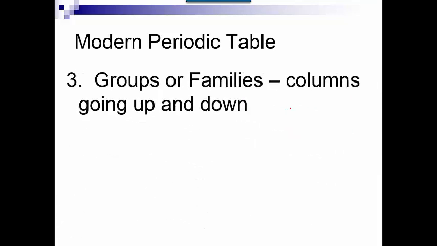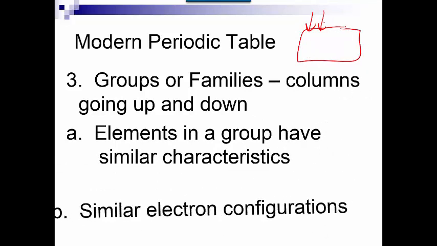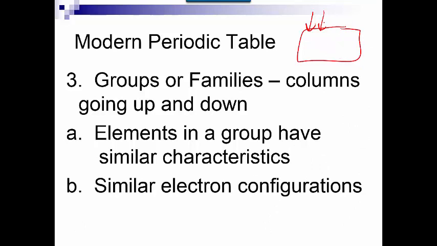The other part to our periodic table are the families or the groups, and again, if you're looking at a periodic table now, we're talking about the columns that are going up and down. So they're called groups or families, and they get that name because if they're within the same group or family, then they have similar characteristics or similar properties. One of the characteristics that they all have in common if they're within the same family is that they have a similar electron configuration.